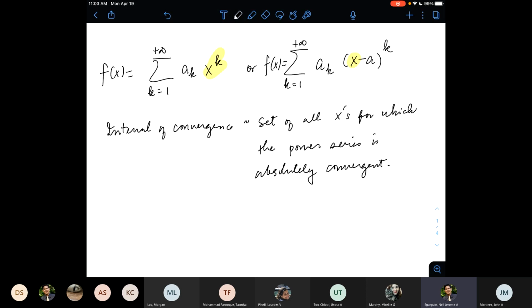Because we love to work with absolute convergence rather than just merely convergence. I don't know if it was mentioned before, but if your series is absolutely convergent, then you can rearrange the terms in your series and you will get the same sum.